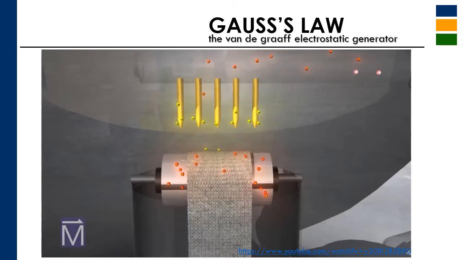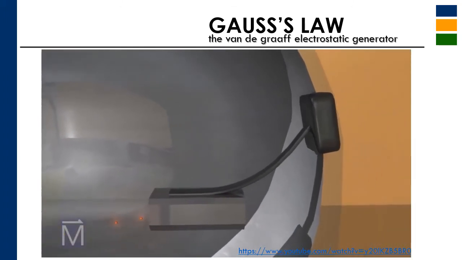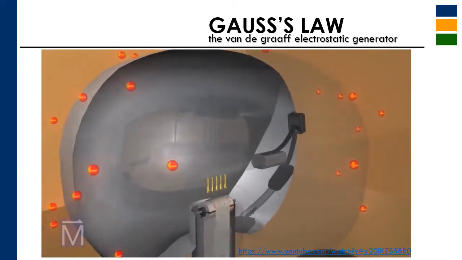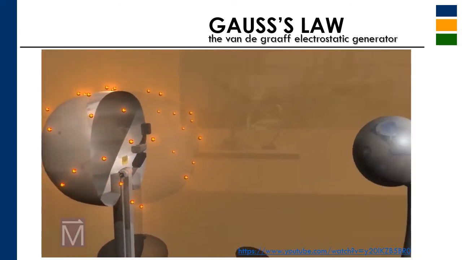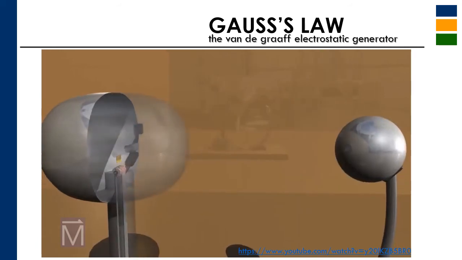The positive air ions left behind are attracted to the negative comb tips. Because the top comb is attached to the metal sphere, these positive charges travel toward the sphere and spread out across it. They will accumulate on the sphere until an object, such as this grounded wand, comes close enough to discharge it. Then, as long as the rollers keep rolling, the cycle will begin once again.